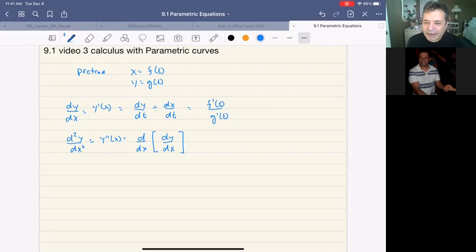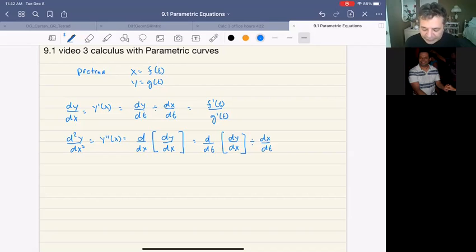But now, what's dy dx? And what's d dx? d dx has this little d dt in there. So this is going to be d dt of our dy dx divided by dx dt.